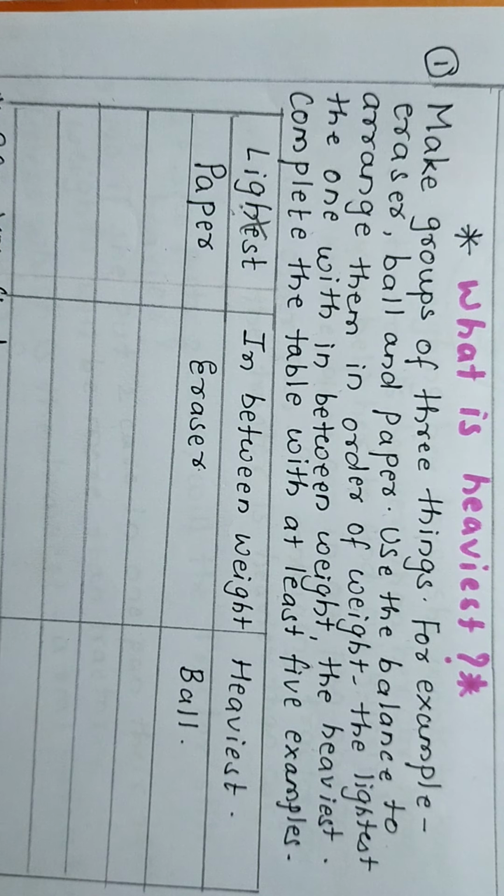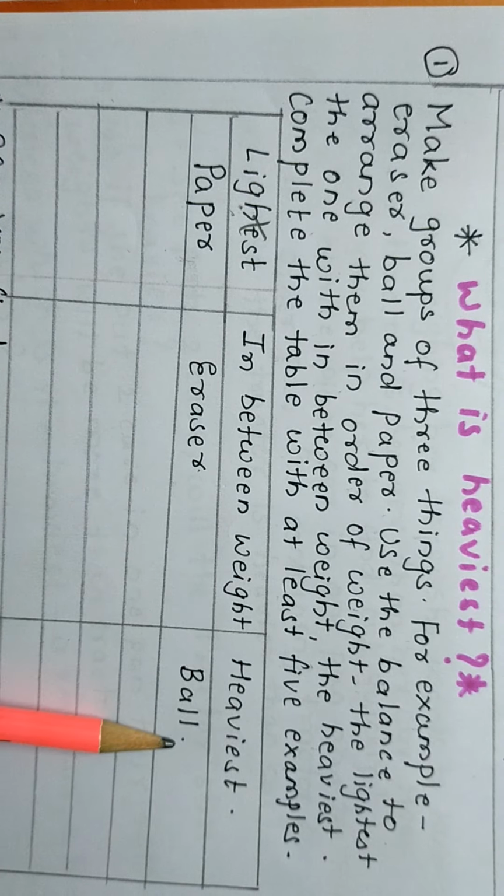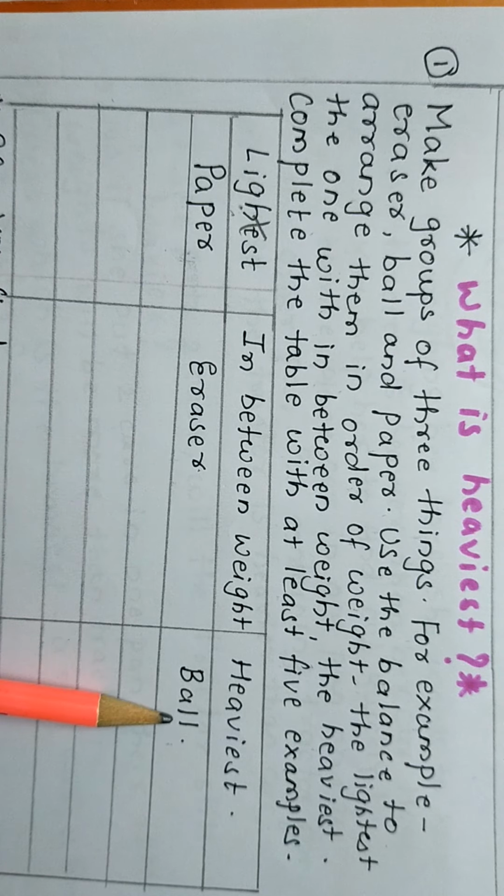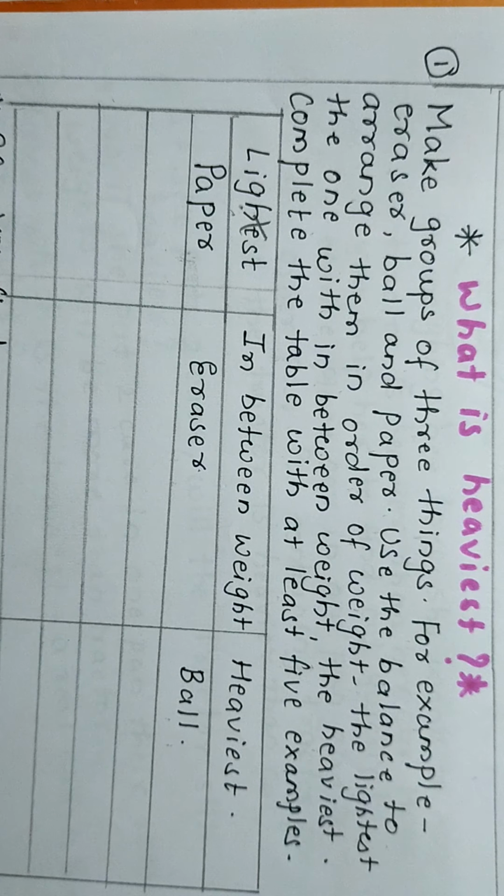Okay. So here paper, eraser and ball. So paper is the lightest, eraser is in between weight, and ball is the heaviest one among these three. Now let's take another example. So I can take from maths scale, geometry box and book, right? So another: grape, orange, watermelon.